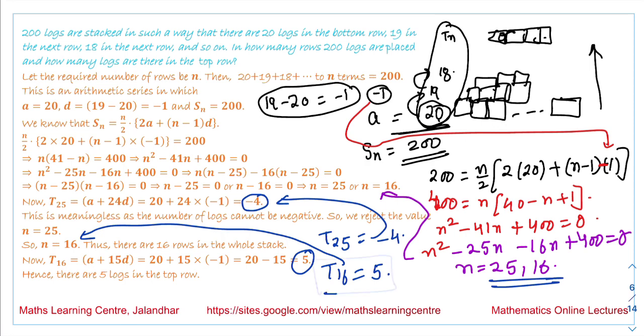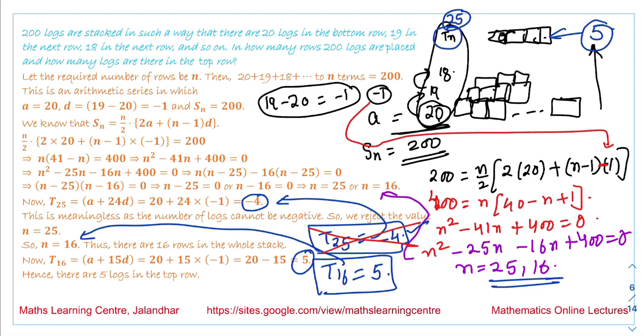So what T16 and T25 tell us is how many logs will be in that row. If we put n equal to 25, then there are minus 4 logs, and this is not possible because the number of logs cannot be negative. And for T16, the number of logs is 5.